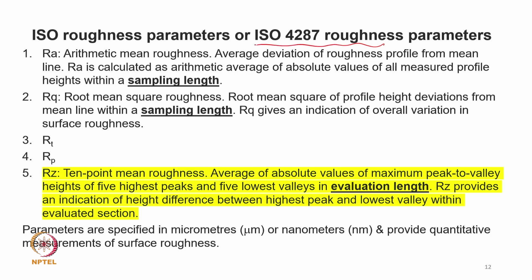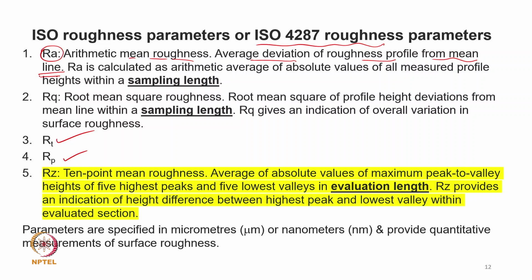And here we are saying that we generally follow the standard, this is the ISO 87 standard. Rt has been defined in the previous slide, Rp has been defined in the previous slide, and how to calculate the Ra value has also been defined in the previous slide. We say the arithmetic mean surface roughness is the average deviation of the roughness profile from a mean line.